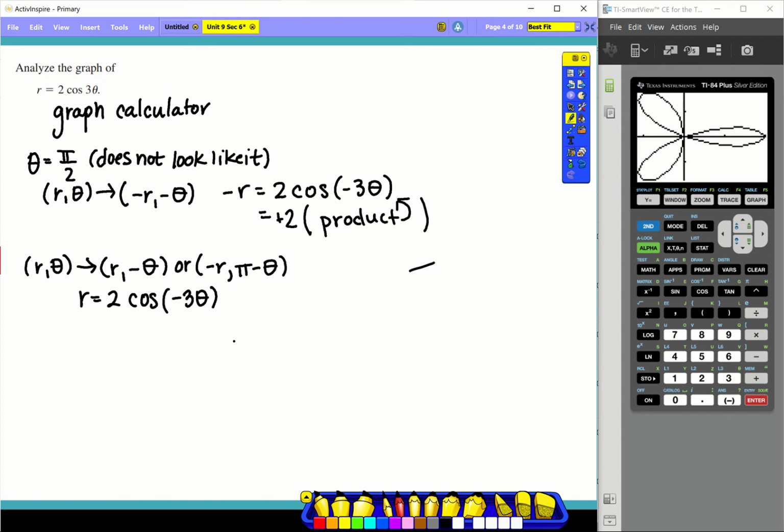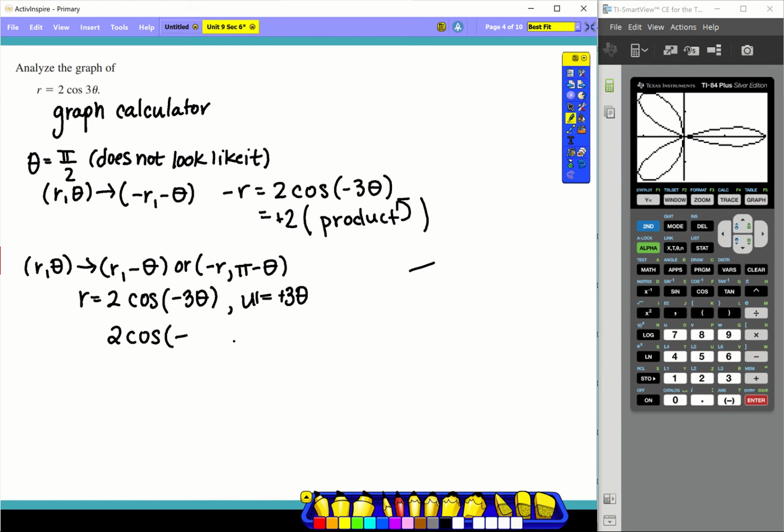Now, if I don't want to deal with this 3, I'm going to pretend. I'm going to say u is my new angle of negative 3 theta.